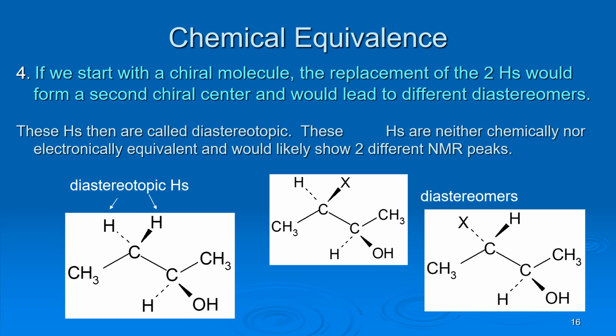And so here's the 4th possibility. What if we start with a molecule that's already chiral? So here we have a chiral center right here. And now we're going to see how these 2 hydrogens relate to each other.